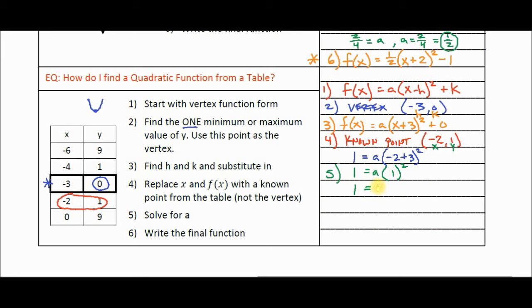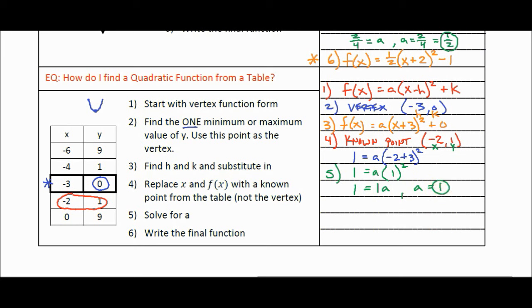So that's just 1a. And 1 equals 1a. If I divide both sides by 1, I end up with a equals 1. So a equals 1. We figured out our a value.